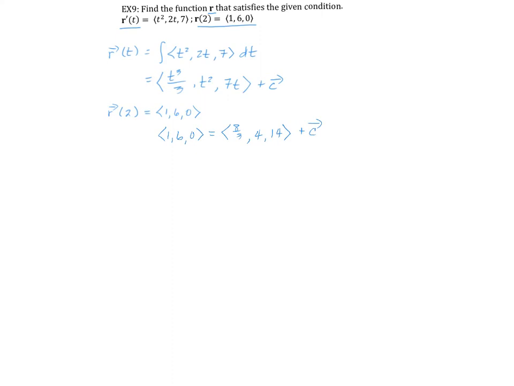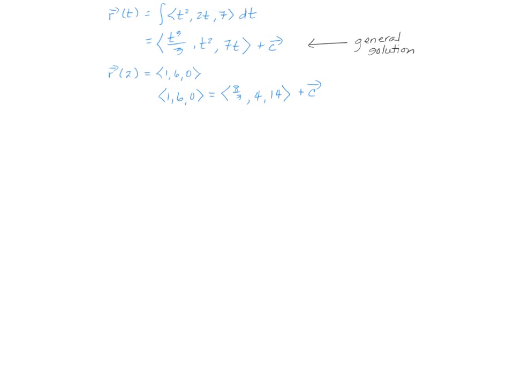Because this solution we have here with the constant vector is just a general solution. That's not the specific solution that corresponds to my initial value, that r of 2 is the vector 1, 6, 0. Solving this equation, I could subtract the 8 over 3, 4, and the 14 from each side. So what is 1 minus 8 thirds? That's negative 5 thirds.